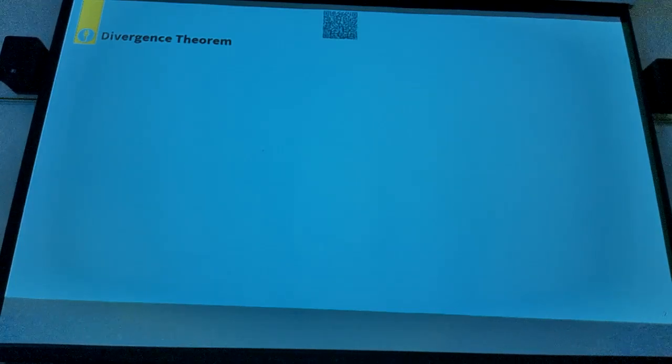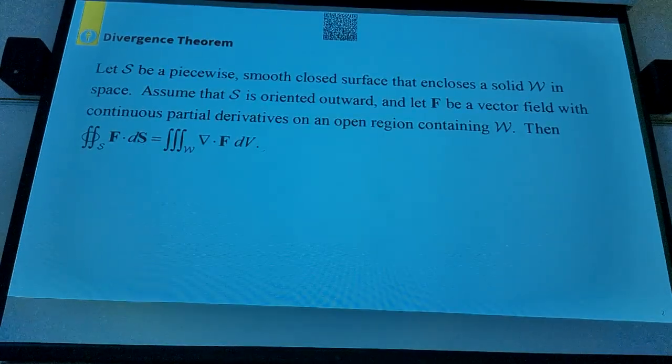Divergence theorem. S is a piecewise smooth, closed surface that encloses a solid W in space. S is oriented outwards.